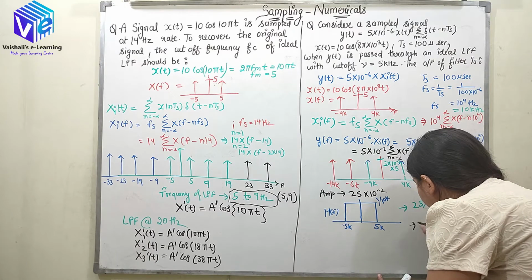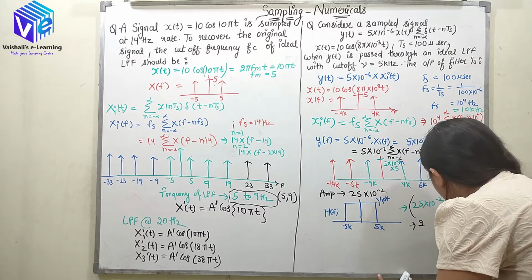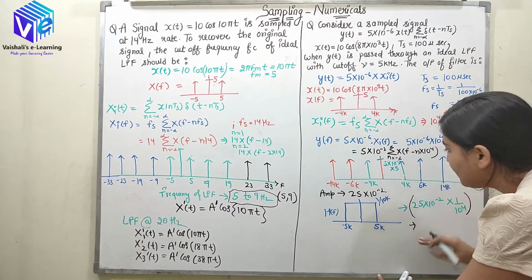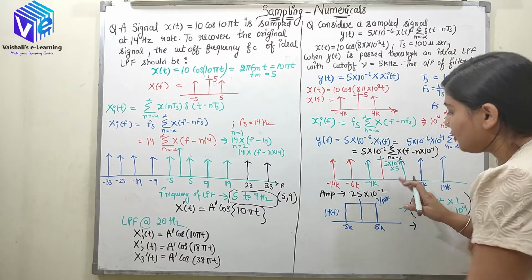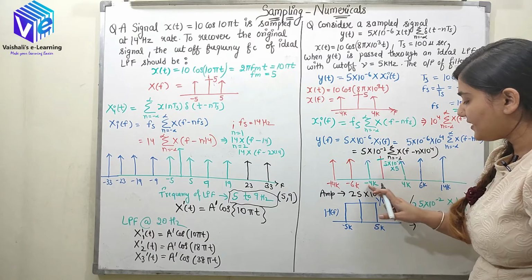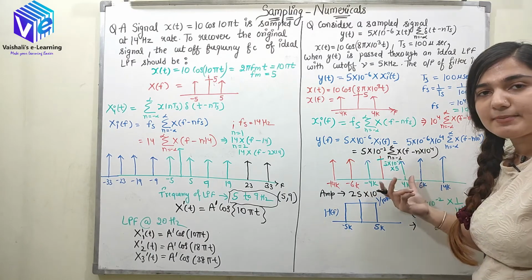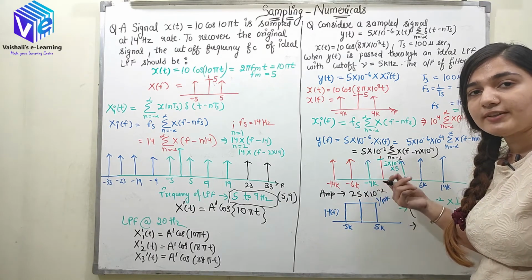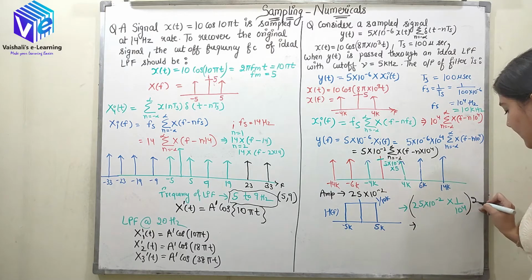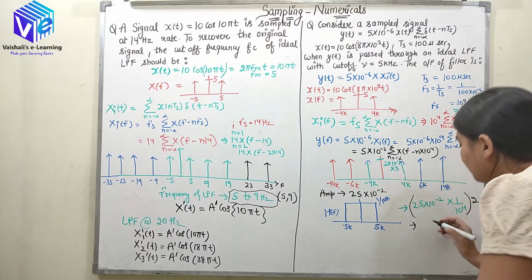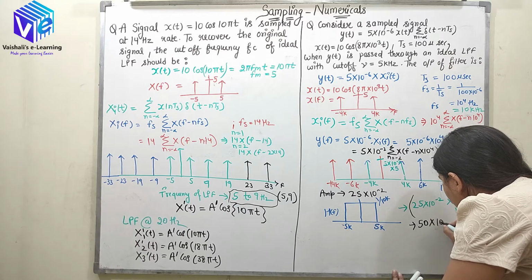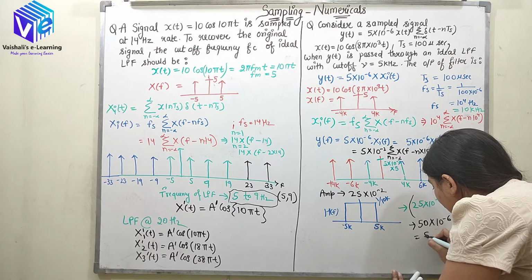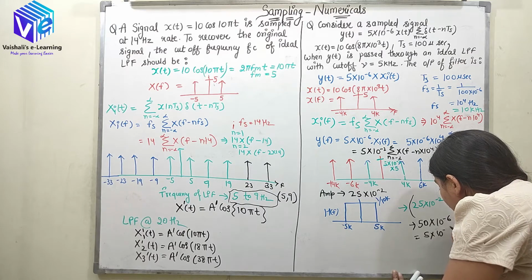The output would be multiplied by 2 because here I'll get the 2 signals. Here I'll get minus 4k and 4k, which represents the cos with twice the amplitude. So the amplitude is multiplied by 2. Let's calculate it. It would be 50 into 10 raised to power minus 6, which is 5 into 10 raised to power minus 5.